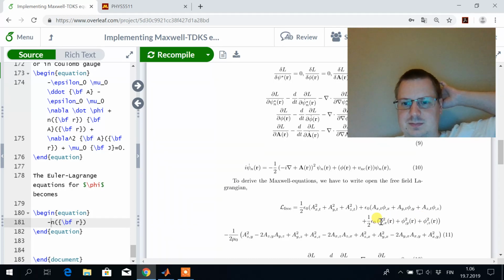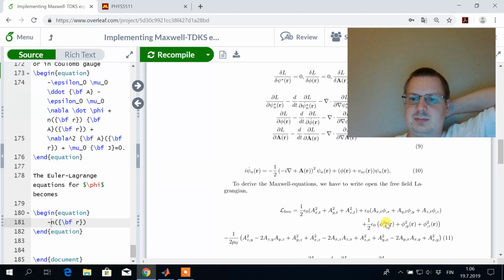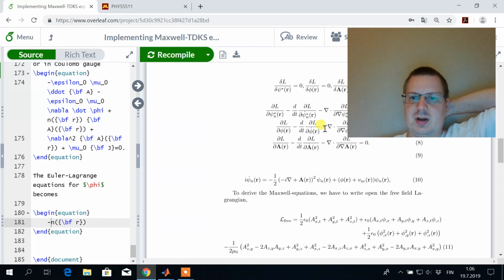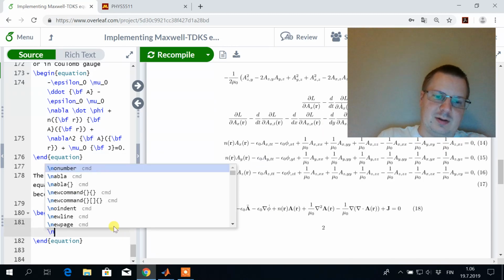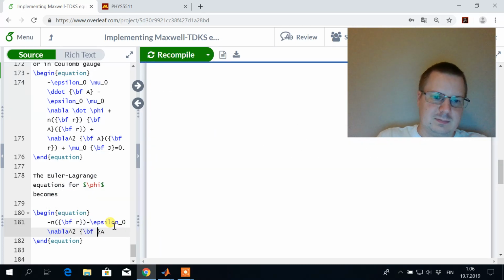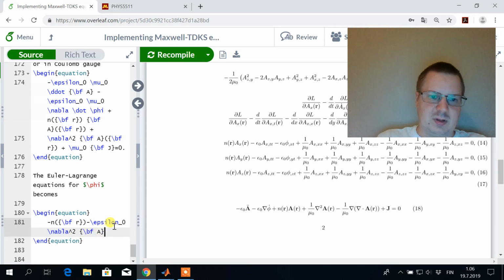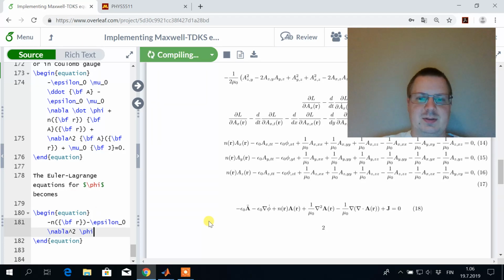So this one, the 2 will cancel this one. We will have epsilon 0 and that one, and then the second derivative of that one. And here we will have the 1 minus. So minus epsilon 0 Laplacian squared, sorry, phi. So this is now looking like the Poisson equation.